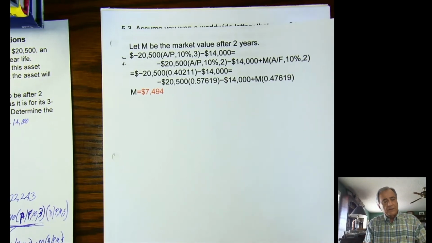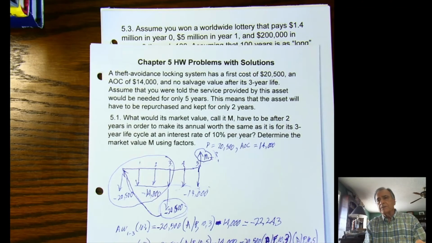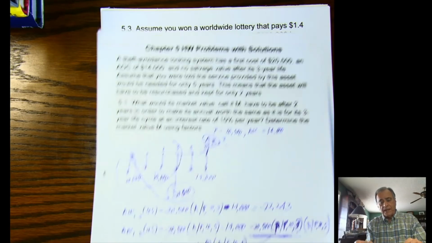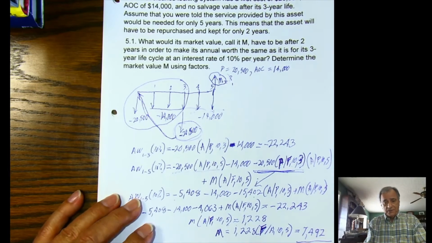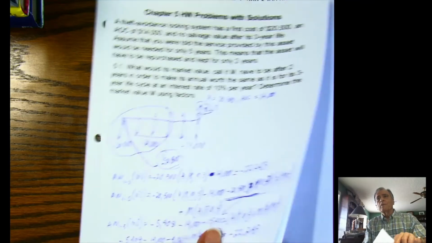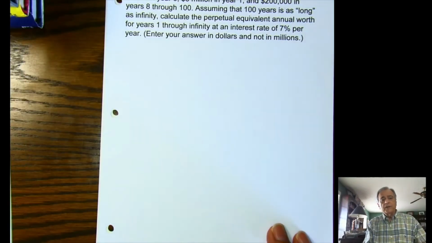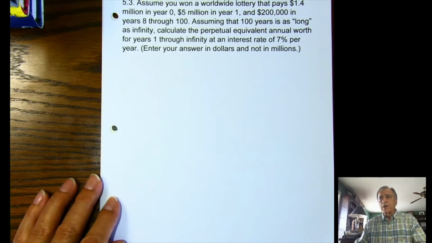The app is a little more accurate, but again, your answer only has to be within 2% to be graded correct by the Connect system, and certainly that's going to be well within 2%, okay? So that's problem number 1, and I'm going to go on and do the next problem.